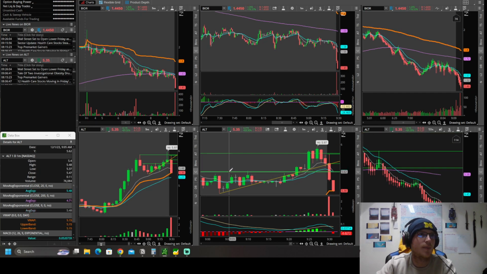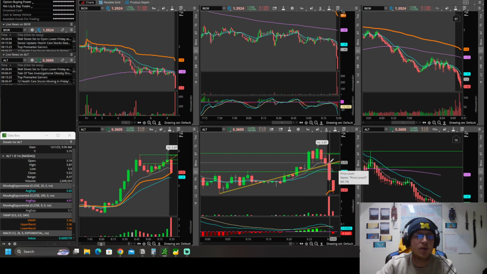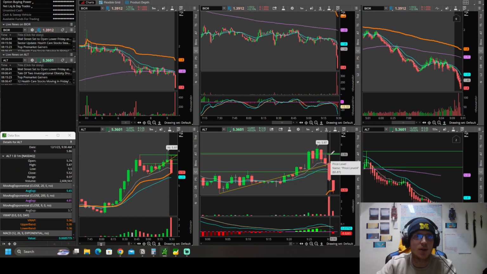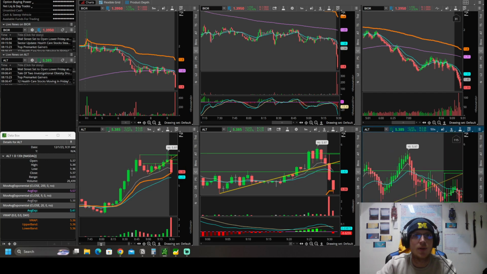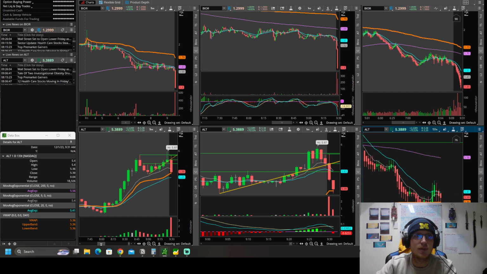Alright, I did my job. Right at the open, I marked the open. I marked the pop, the high of the pop. First red candle. That's it.